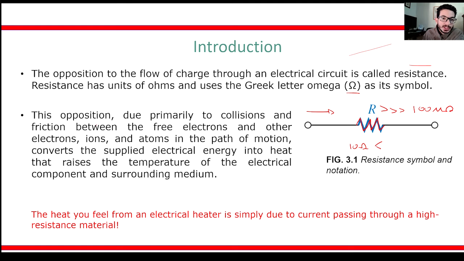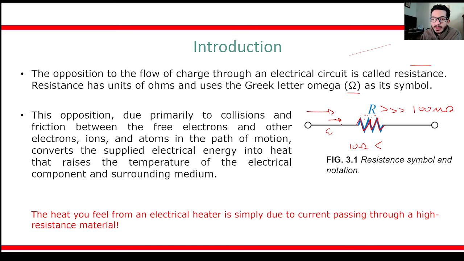Also, the opposition due to the collision and friction between the free electrons and other electrons, ions and atoms in the path of motion converts the supplied electrical energy into heat, and this will raise the temperature. So when you have electric charges going through your copper wire, for instance, and you have a resistor, the atoms of the resistor will have a different size from the atoms of the wire.